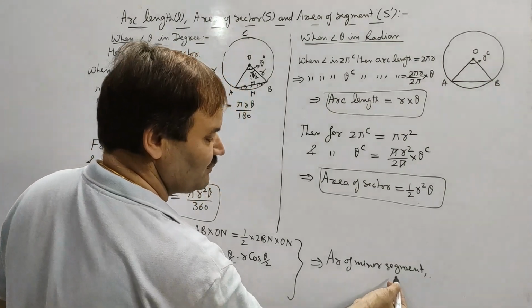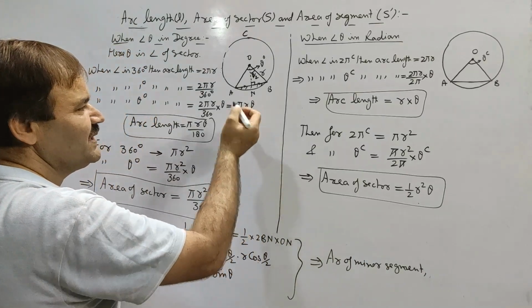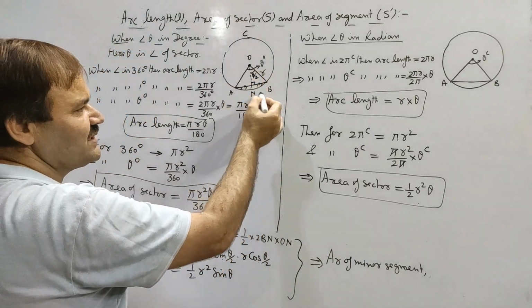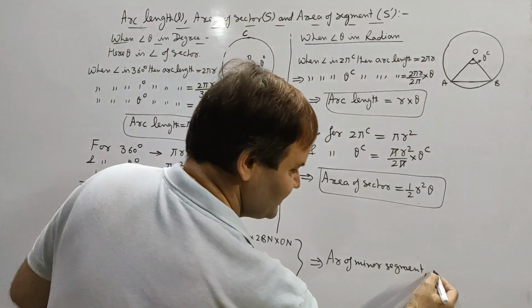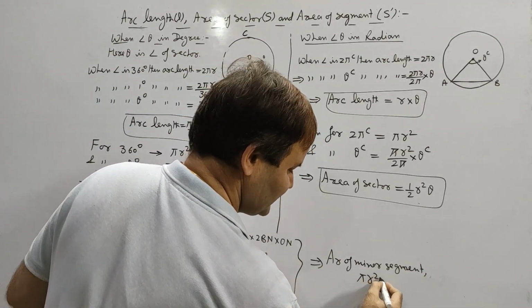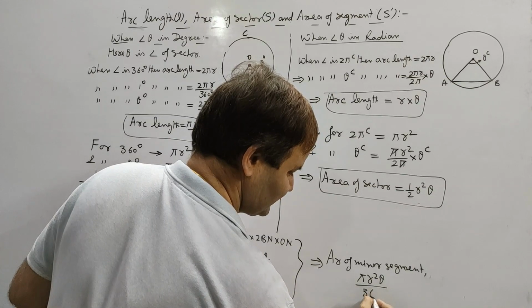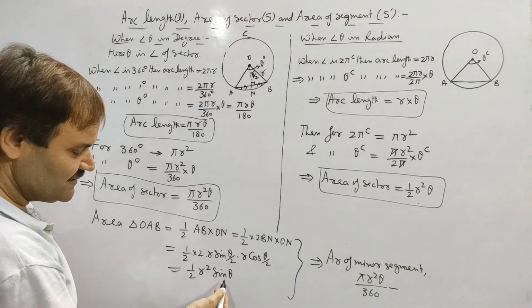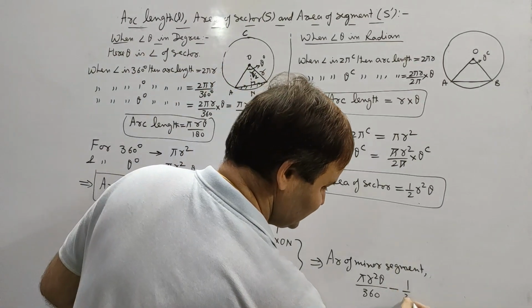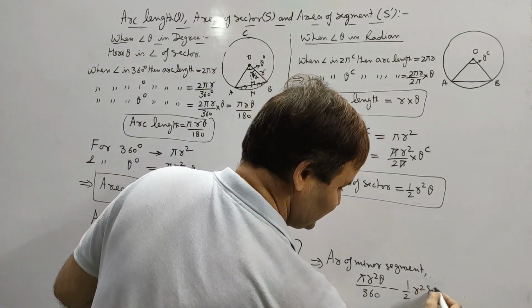Now area of minor segment will be area of sector OAB, that is pi r square theta by 360, minus area of triangle, that is half r square sin theta.